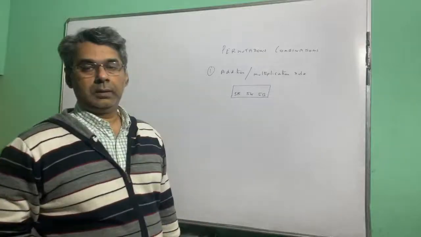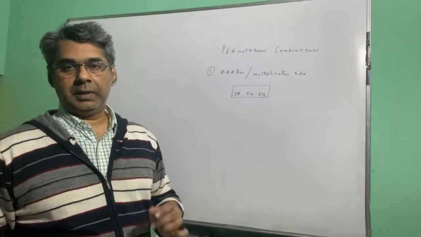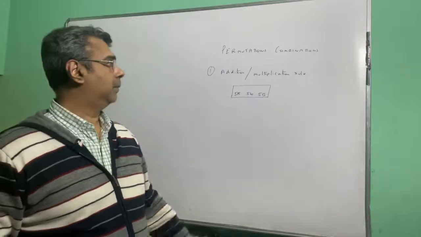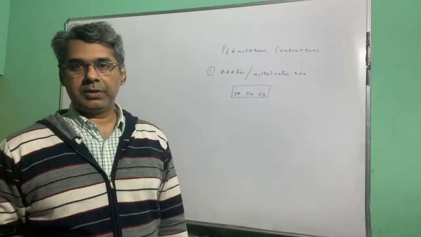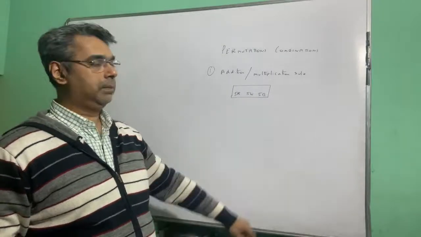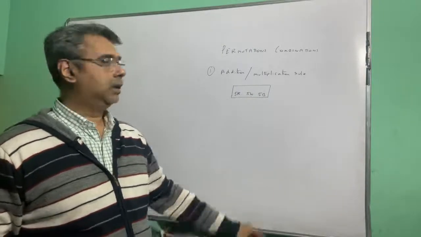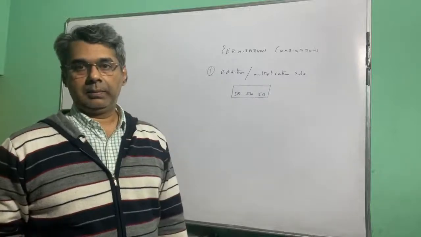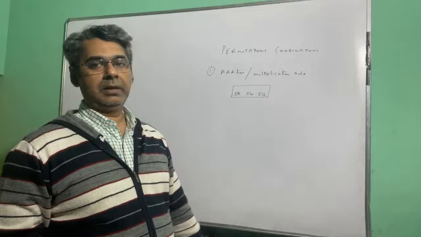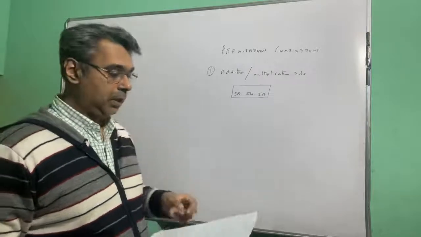Okay, now the basic premise of the Combination chapter is the addition and multiplication rule. Suppose there is a bag, and it has 5 red, 5 white and 5 black balls.